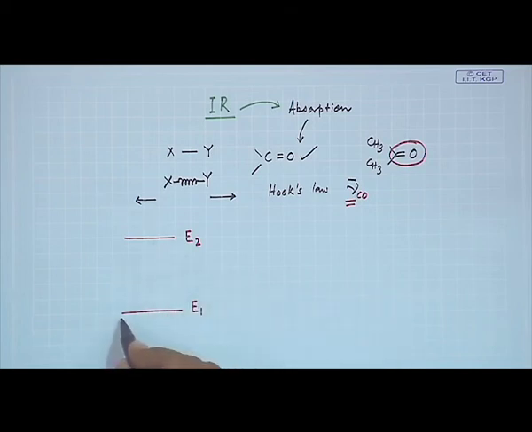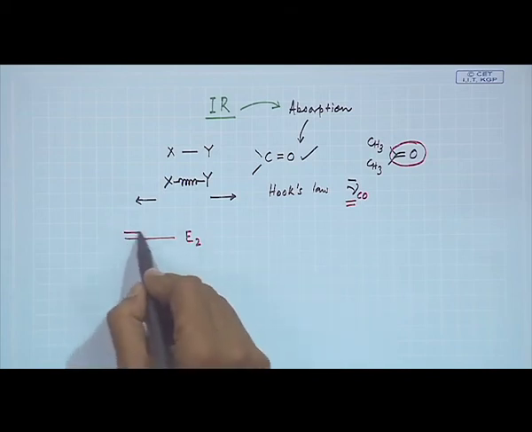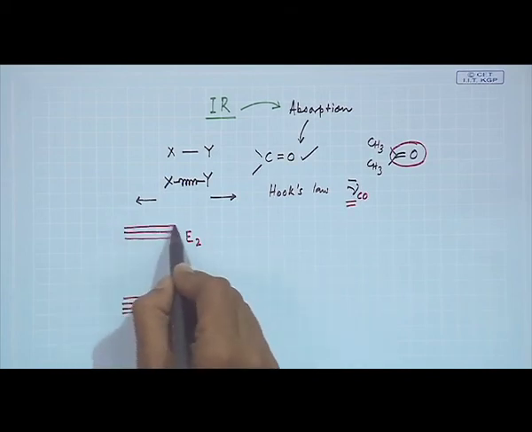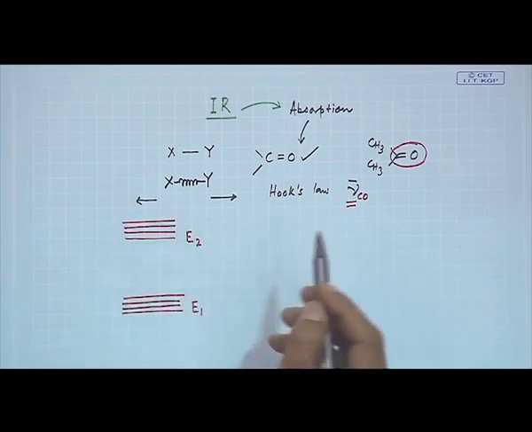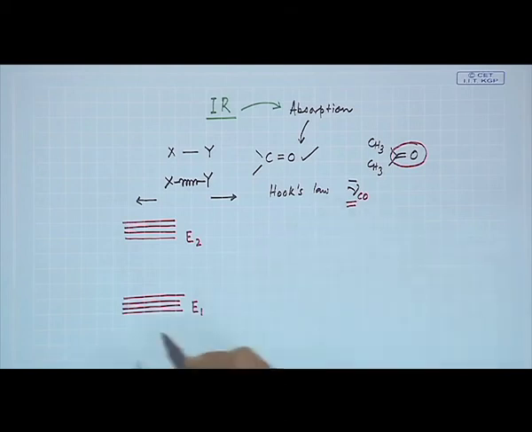Now, we will be talking about something where within one particular electronic level, we can have several vibrational levels. We can have the different vibrational levels, and because the change in energy is in the low energy region, that vibrational energy change will be responsible for the absorption.